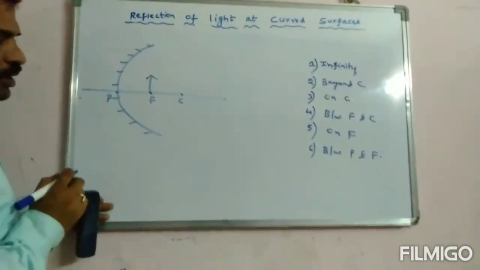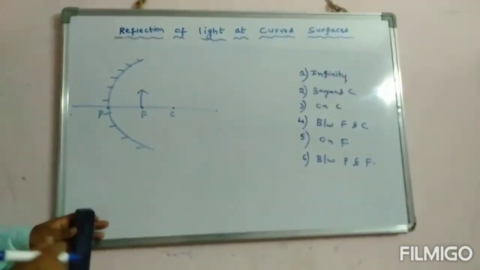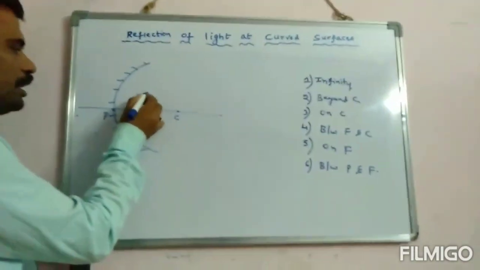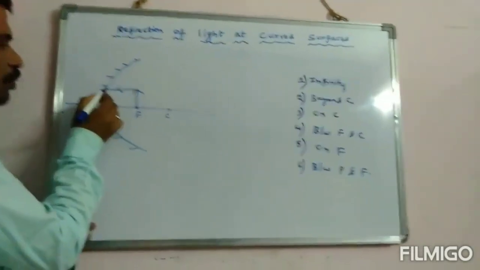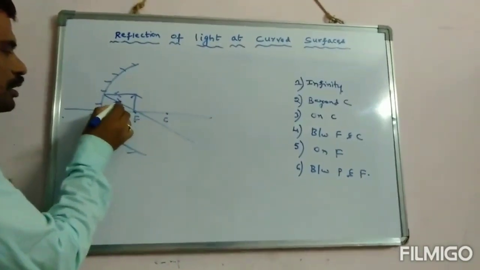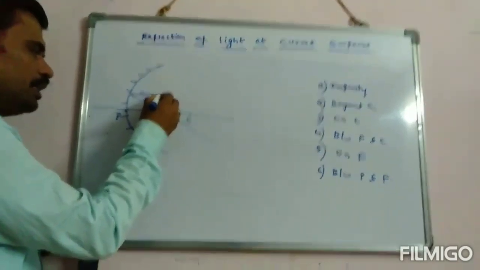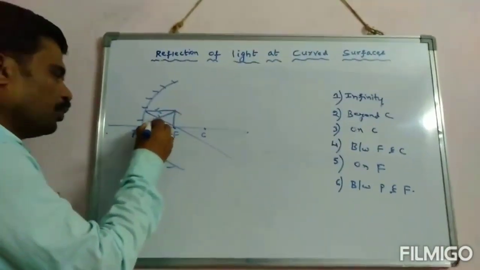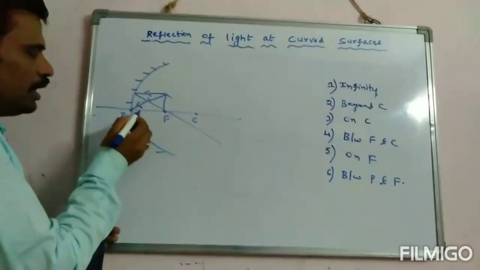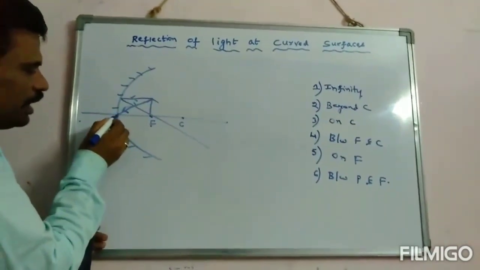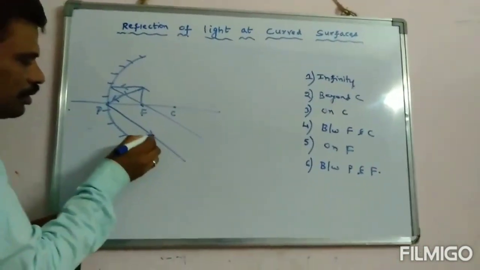Now let us see where the image is going to form. Again I will take a parallel ray, then it passes through the focus. And another ray I am selecting, that ray is incident at the pole.